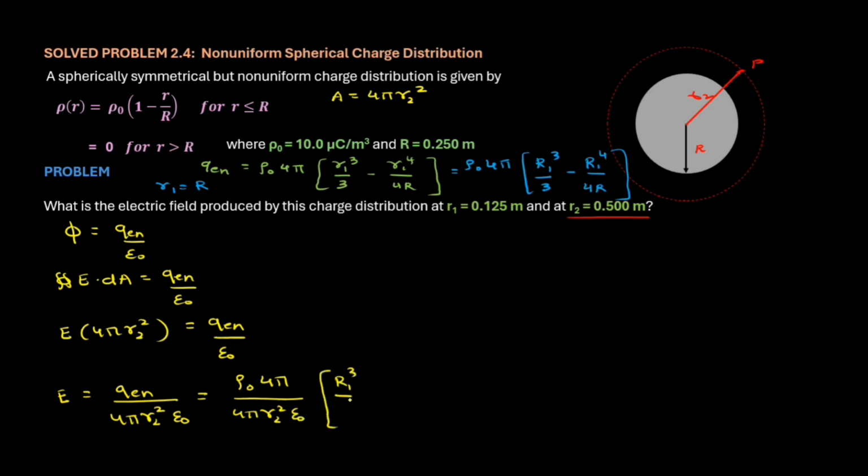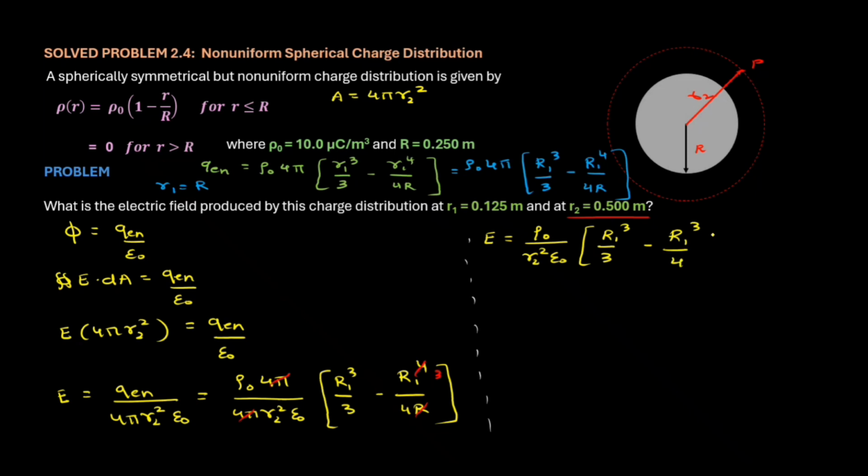Now you can cancel the terms in the numerator and denominator. Here r to the power 4 will become r to the power 3. Cancel this r. And you get electric field to be equal to rho naught over r2 squared epsilon naught (R cube by 3 minus R cube by 4).